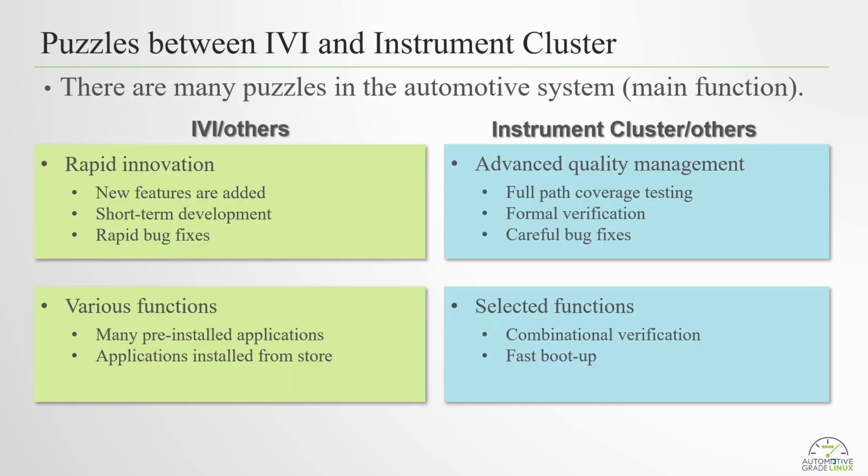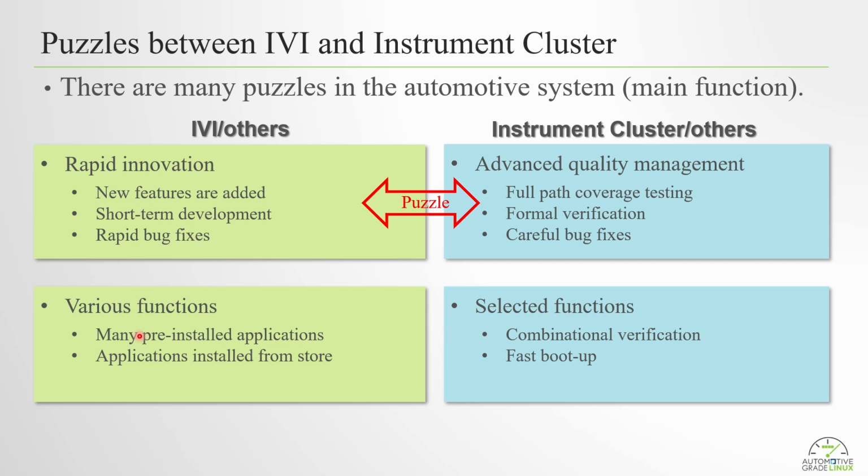This slide shows a gap between IVI and the instrument cluster. IVI and similar Linux systems require rapid innovations. On the other hand, instrument cluster and similar Linux systems require advanced quality management. It's the first puzzle.